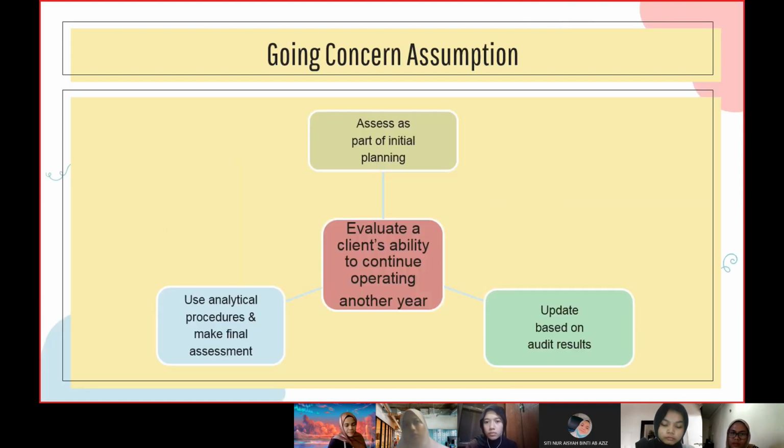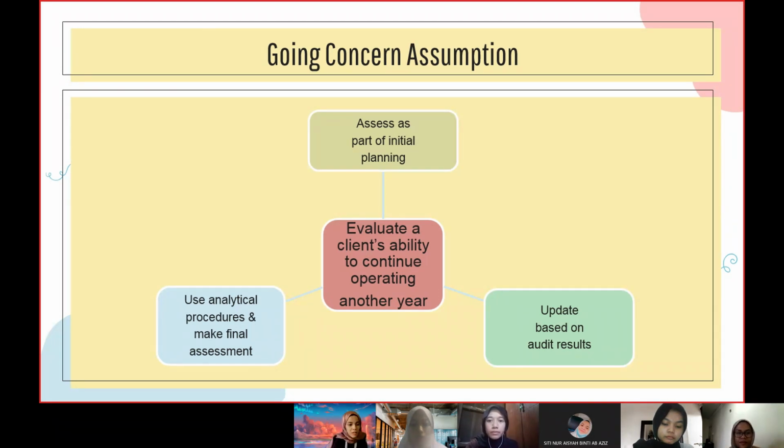Next slide. Okay. Going concern assumption. From the auditing standard, the auditor needs to evaluate the client's ability to continue operating for another year.